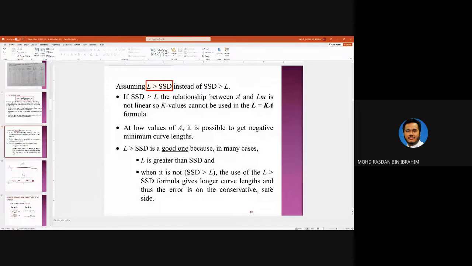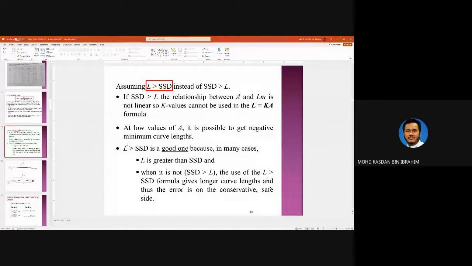So K values cannot be used in this formula. This formula does not apply when stopping sight distance is longer than L. At low values of A, it is possible to get negative minimum curves. So we normally do not use formulas where SSD is more than L.